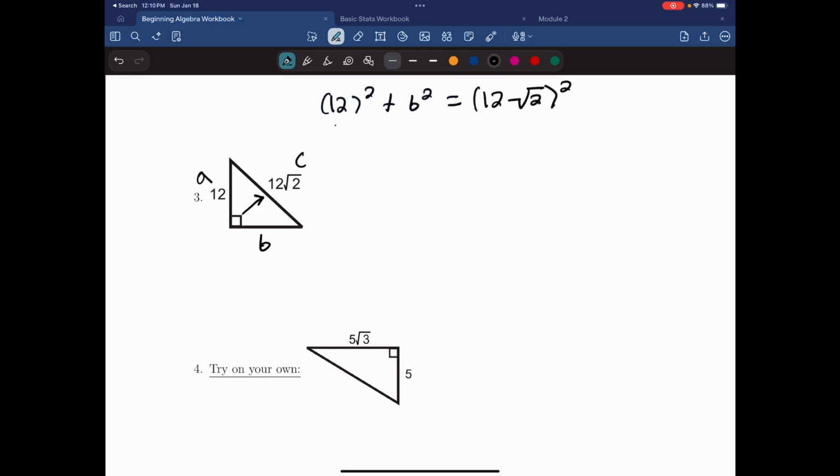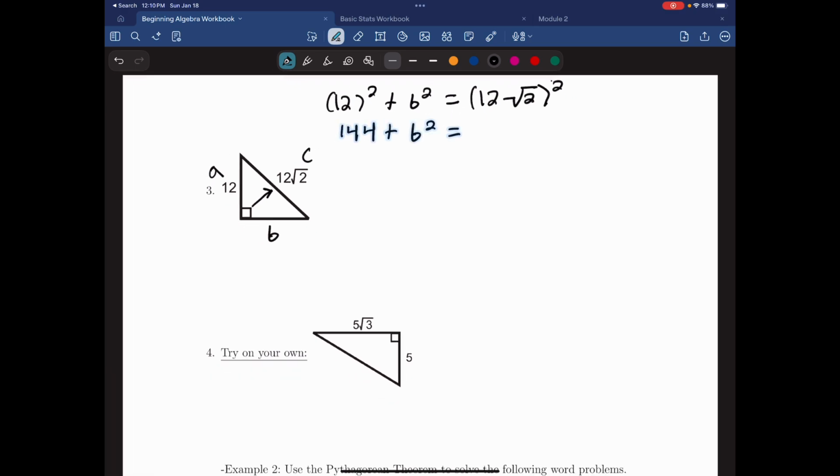So let's evaluate. We have 12 squared, which is 144, plus B squared equals, here, since we're squaring this whole thing, we're going to need to distribute the square. So we're going to square 12 and the square root of 2. I'm going to write that out here: 12 squared times the square root of 2 squared. I'm just going to carry along 144 plus B squared.